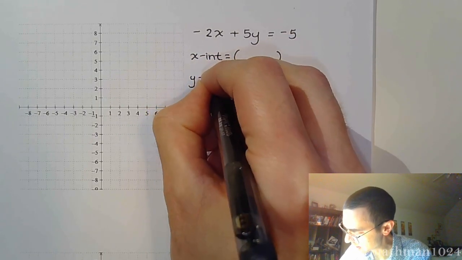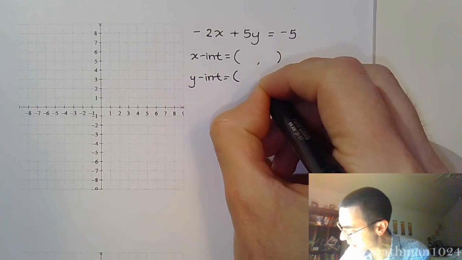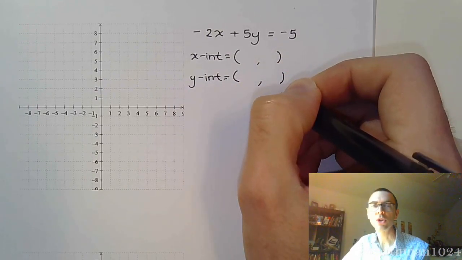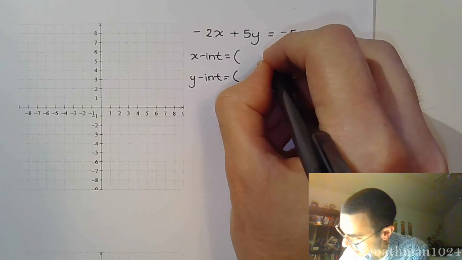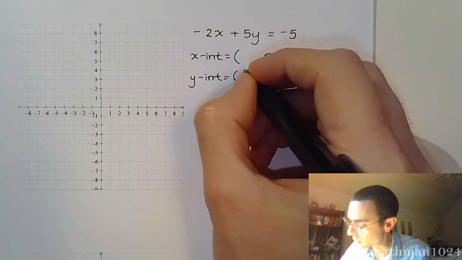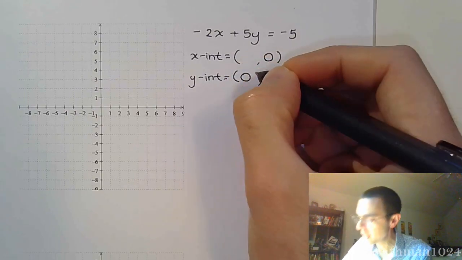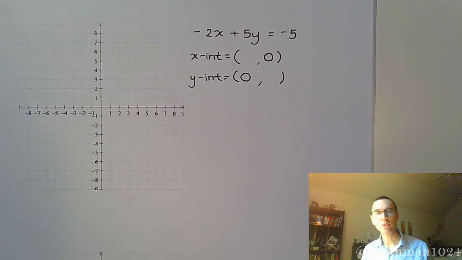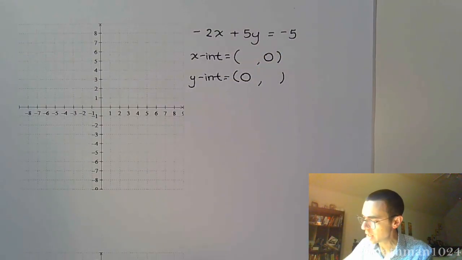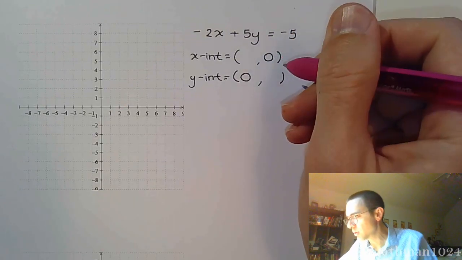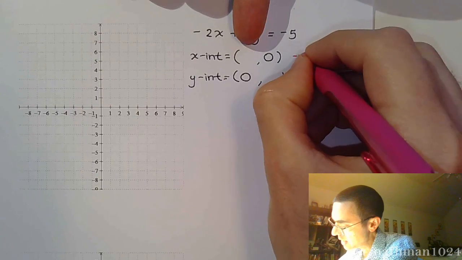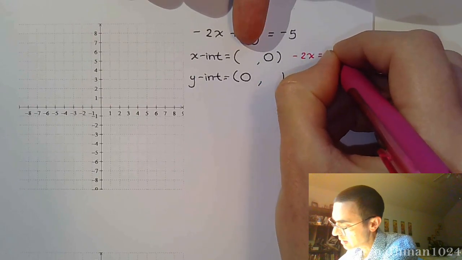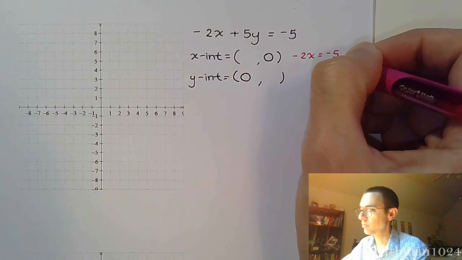All right. And again, like with all good things, you start with what you know. So what we know is that for the x-intercept, y is 0, and for the y-intercept, x is 0. So let's do it just like we did in the last problem. So in the last problem we said y is 0, which means this guy goes away, and I see negative 2x equals negative 5.